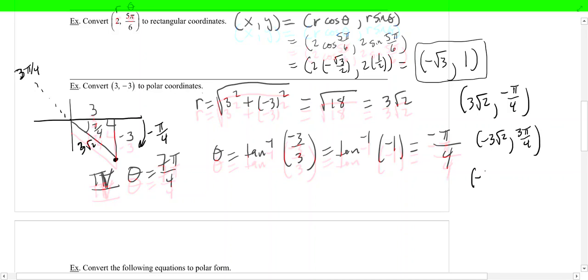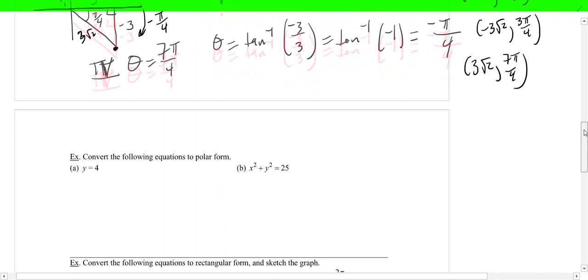So we could also designate this as negative 3 square root of 2, comma 7 pi over 4. And we can keep going round and round and keep renaming it. But generally you just need to know the positive and negative. All right, so that's going that way.